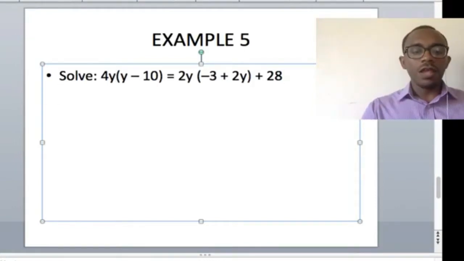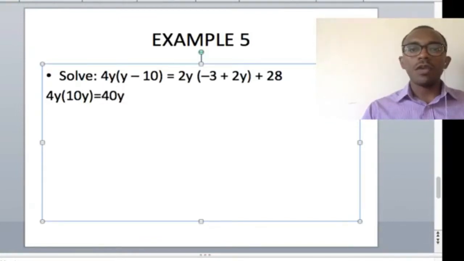Alright, before I start that, let's say it was 5y times 10y. That would be 50y squared. Is that clear?